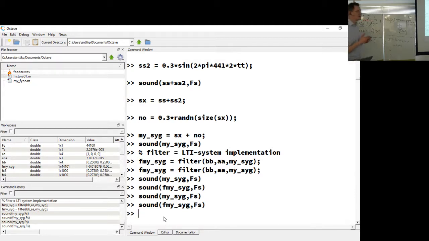It's a subtle difference, since this running average filter is not too effective at reducing the noise. More bass, yes. Later on, maybe tomorrow, to boost.